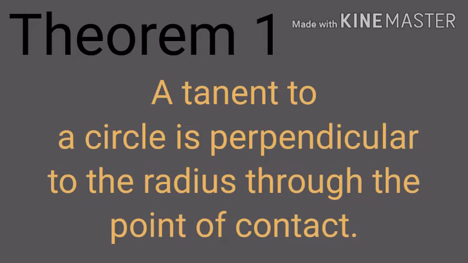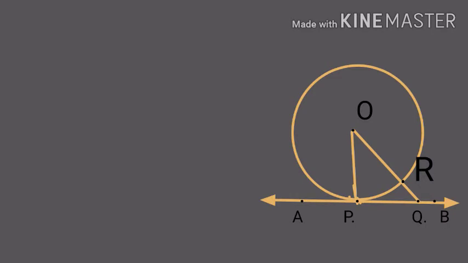So, we can draw the required figure. Circle with the center O. AB is the tangent. P is the point of contact.